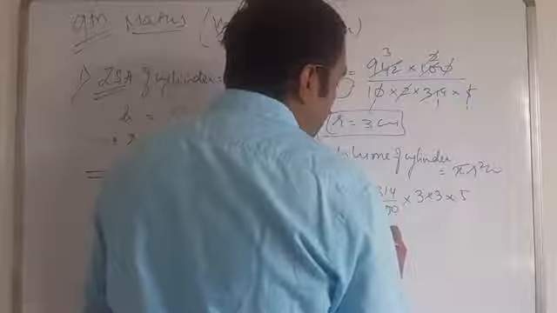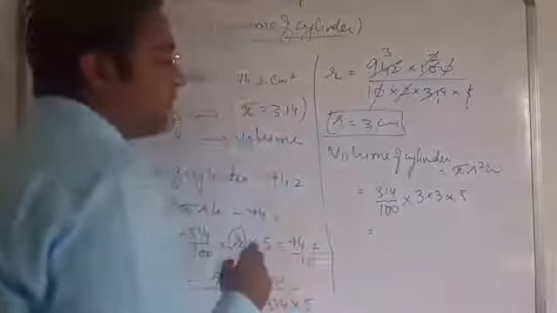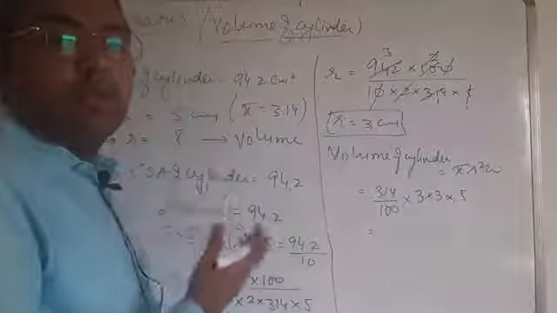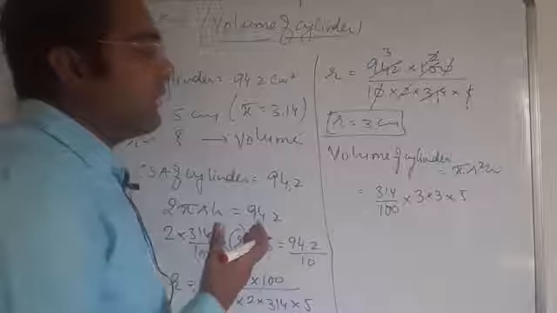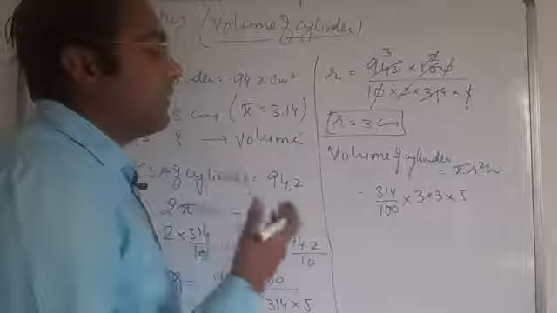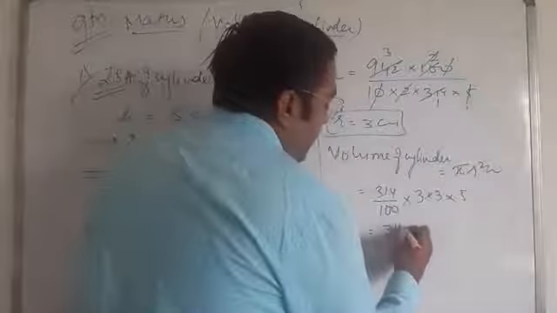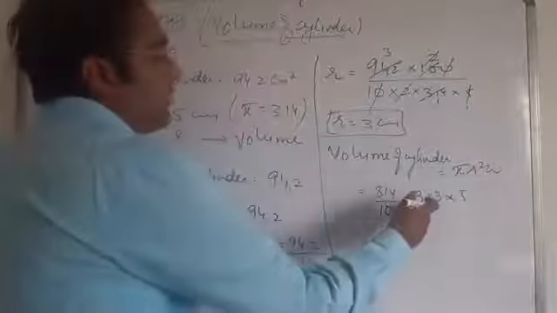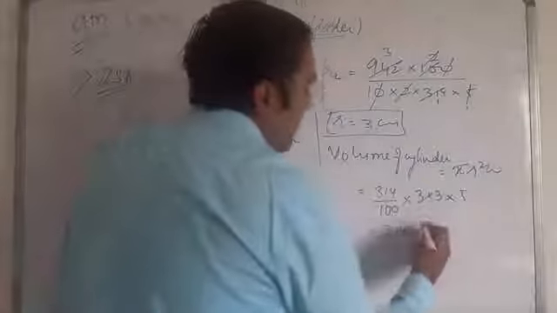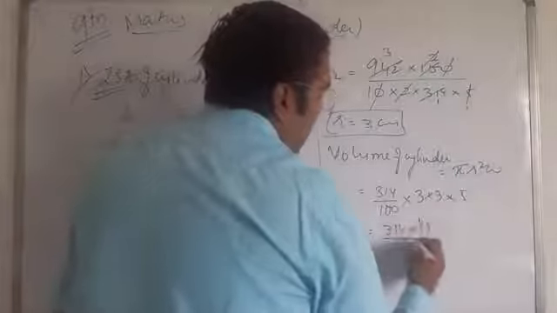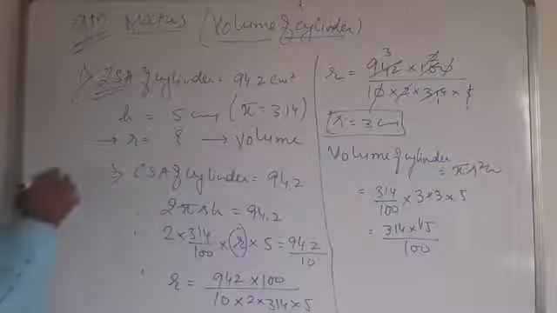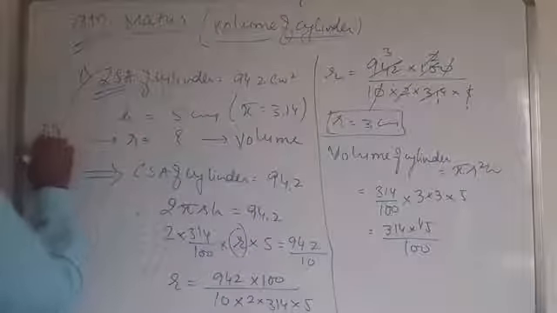Without cancellation, I'll take the numerical part as it is. So 3 3s are 9, 9 5s are 45 upon 100. So my answer is 314 into 45. What is 314 into 45?